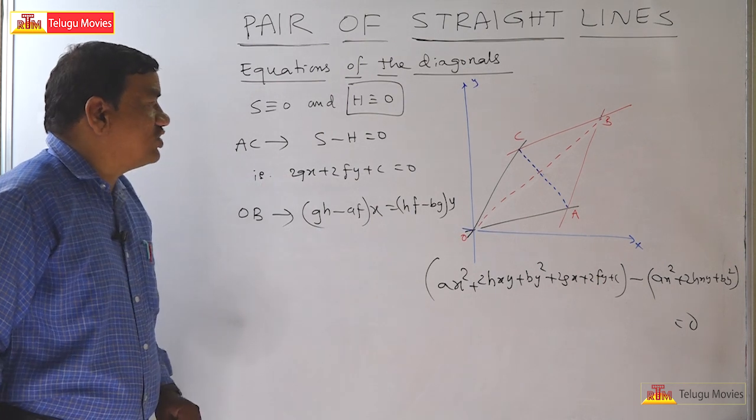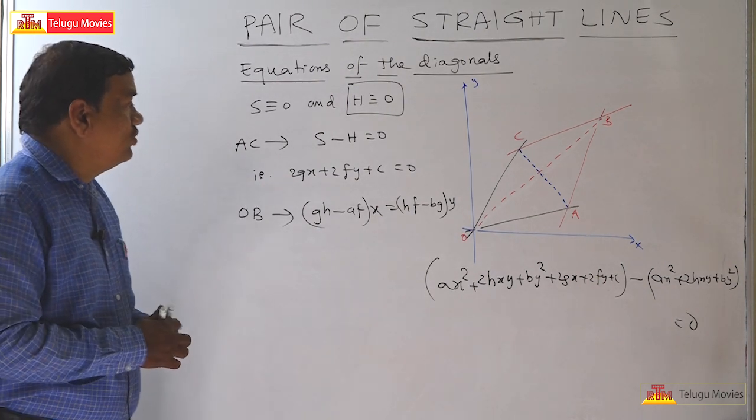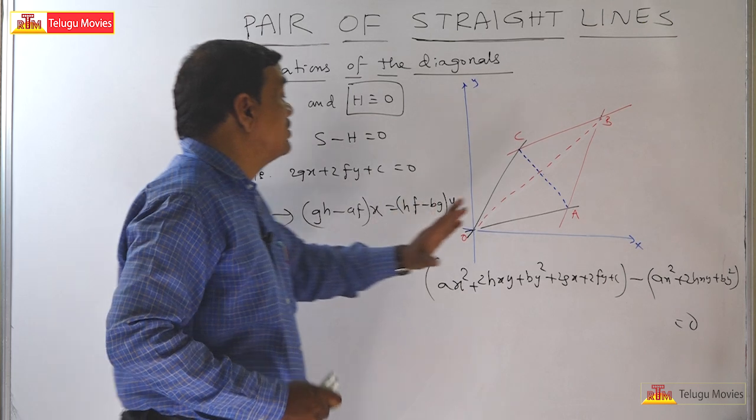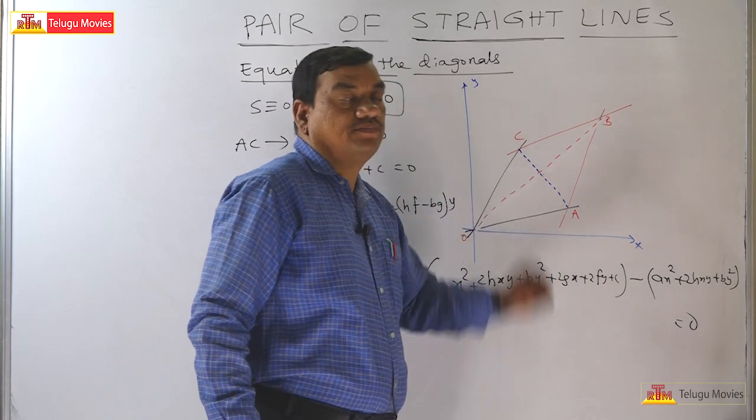This is the equation of the line AC, which does not pass through the origin.